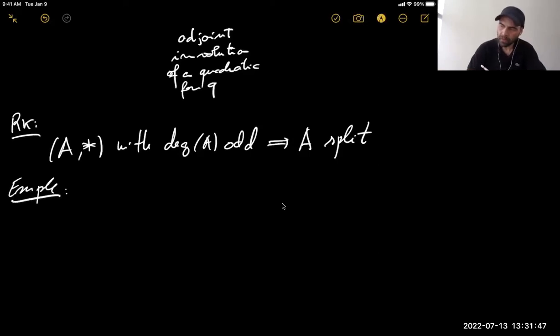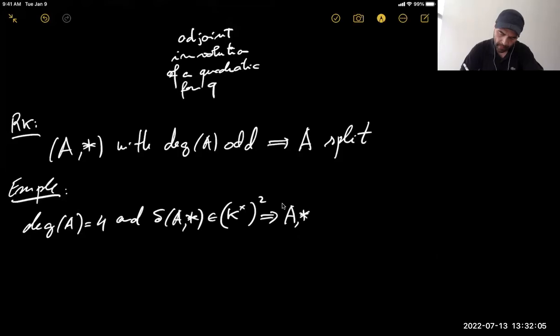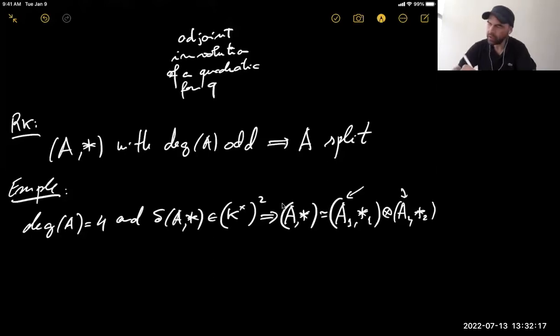Another example is that when you take the degree of A to be 4, and moreover you impose that the discriminant be trivial, in the sense that it's a square class, then it turns out that this is actually isomorphic to A1 star 1 tensor A2 star 2, where these two things are actually quaternion algebras, equipped with the canonical involutions, which are these symplectic involutions.